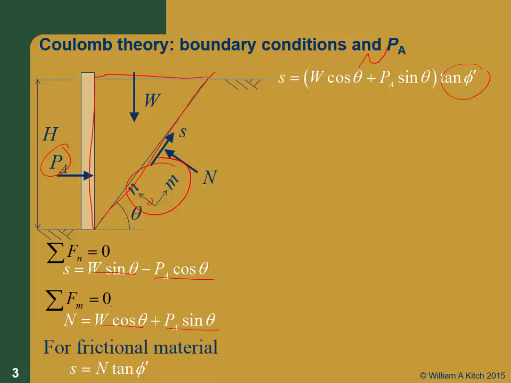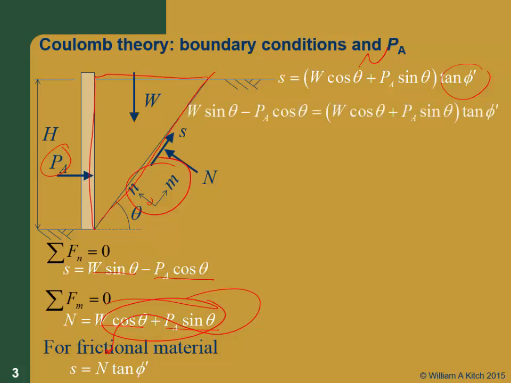So I'm substituting this in for N. Then I set that equation equal to the equation on this side, and I have W sine theta minus PA cosine theta is equal to the quantity W cosine theta plus PA sine theta, all times tan phi prime.